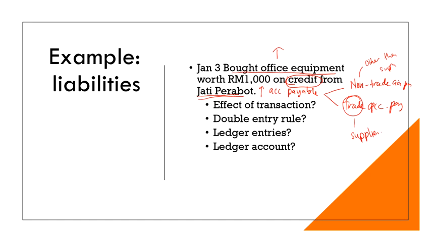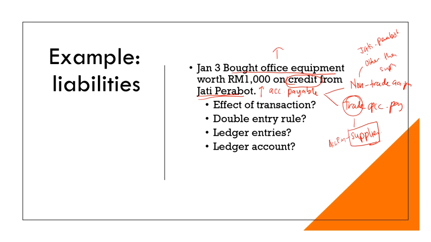Bila non-trade account payable, you mesti tulis nama dia, Jati Prabut. You tak boleh tulis account payable sahaja, sebab account payable ni is referring to your supplier only. So nanti please dalam assignment, tolong ya, tulis account payable ni nama supplier.